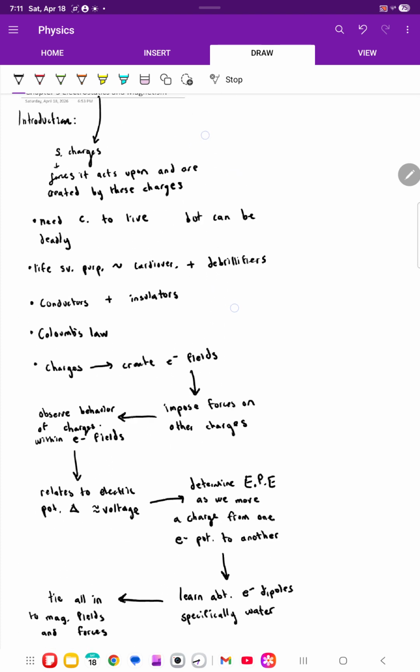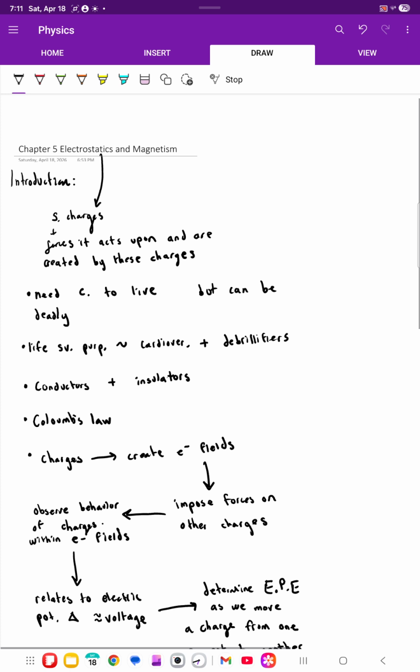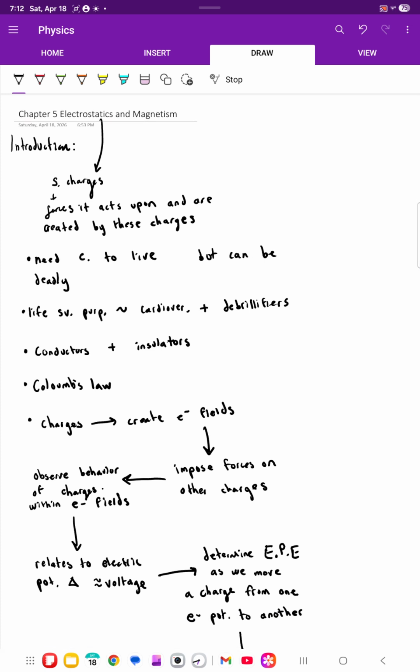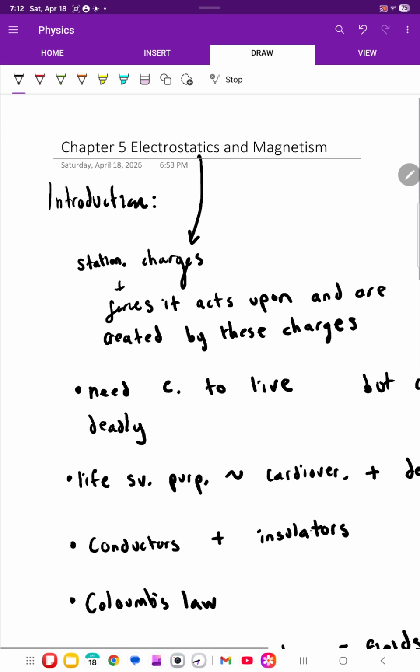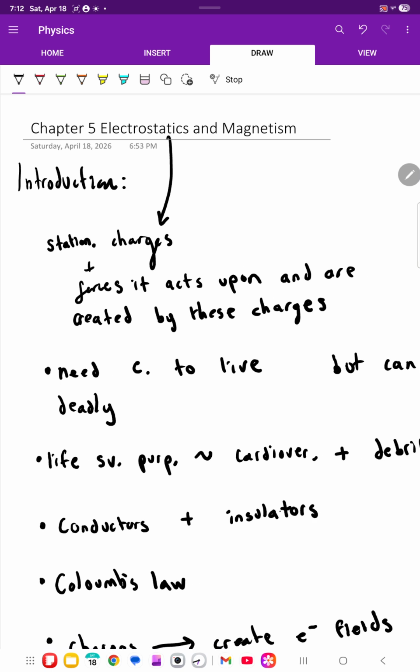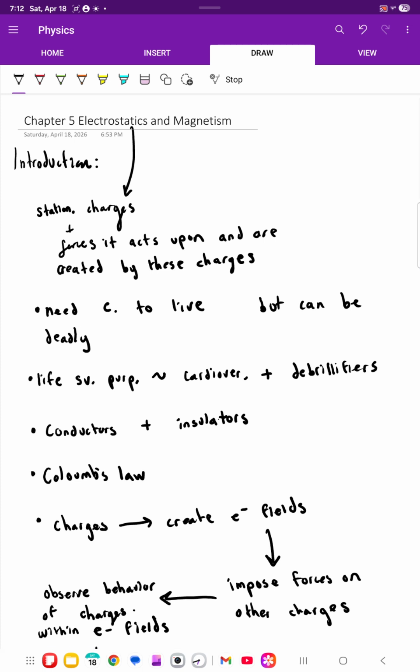To tie it back in, this chapter is about electrostatics. Electrostatics is about stationary charges and the forces they act upon and create.